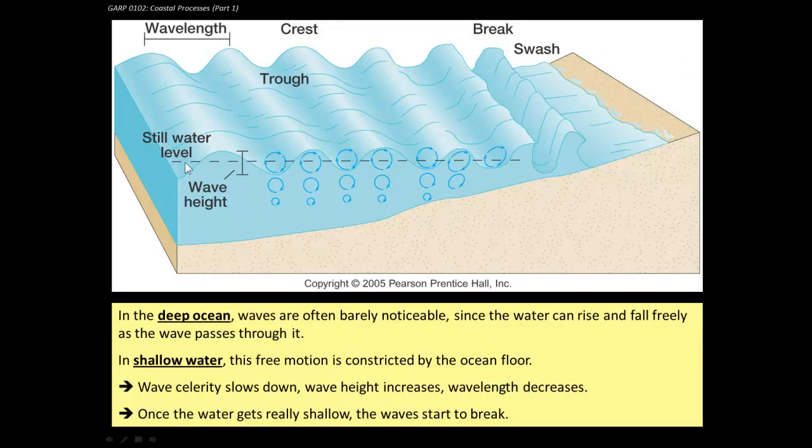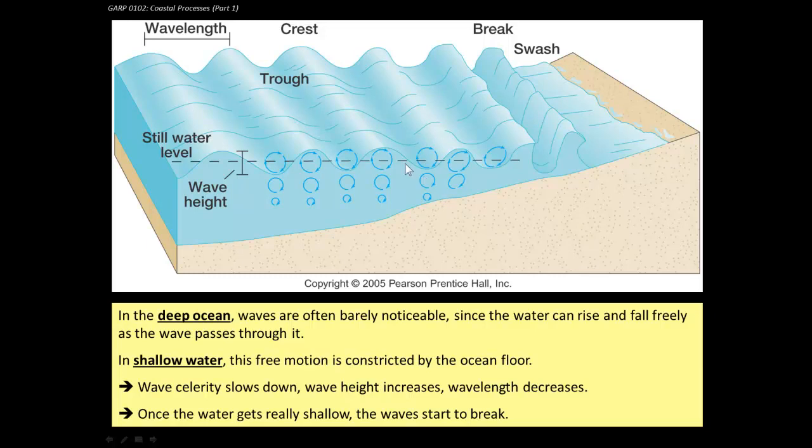So here we have a wave coming in from the left, and it's in deep water out here. Your water can go up, you can go down, can go up, can go down, no problem. But as the water depth decreases as you approach the shore, at some point, your wave will begin to feel the bottom of the ocean, right? So your water molecule, the free motion of your water molecule is now constricted by the ocean floor.